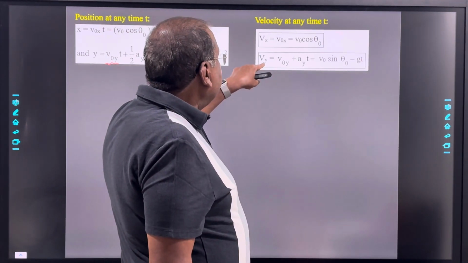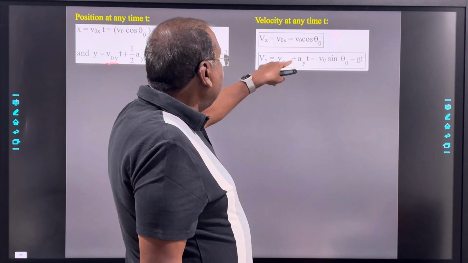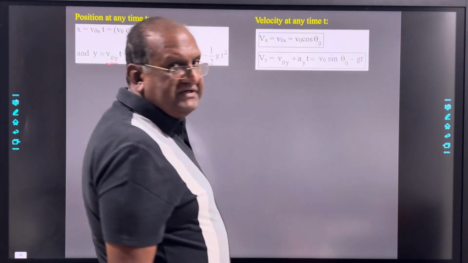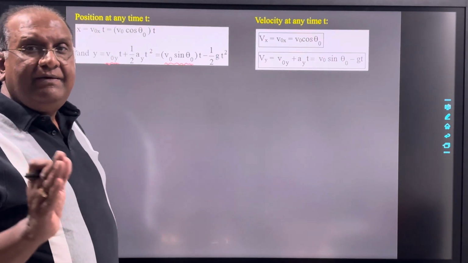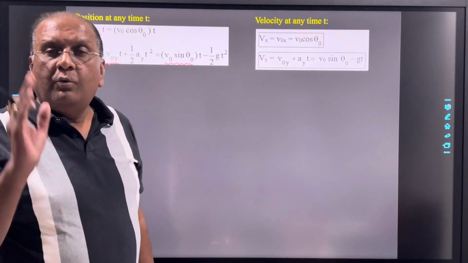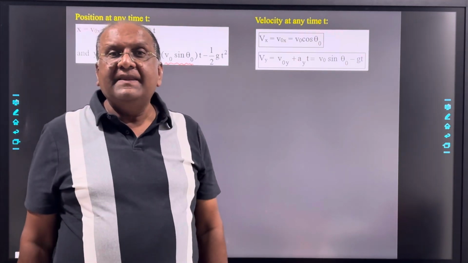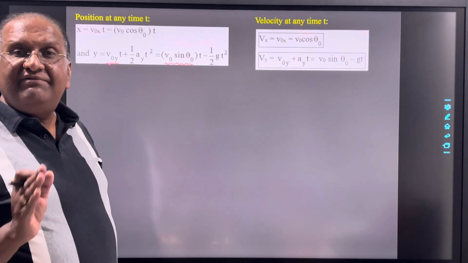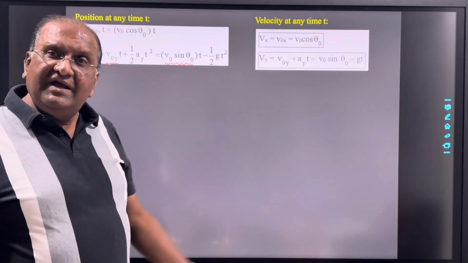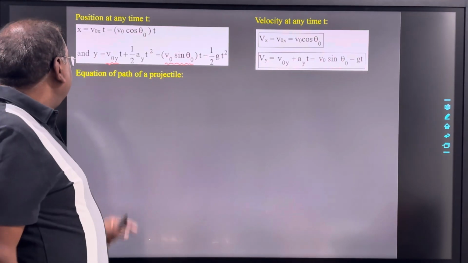Velocity in y direction at any time t is v0y plus ayt, so v0 sin theta 0 minus gt. So at any time t, you have the x component of velocity and the y component of velocity, which means the resultant velocity will be under root vx square plus vy square. ऐसे हम कैलकुलेट कर सकते हैं.